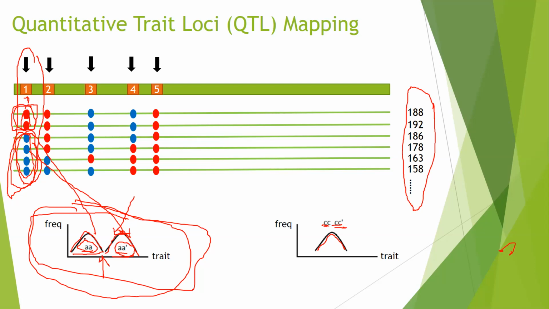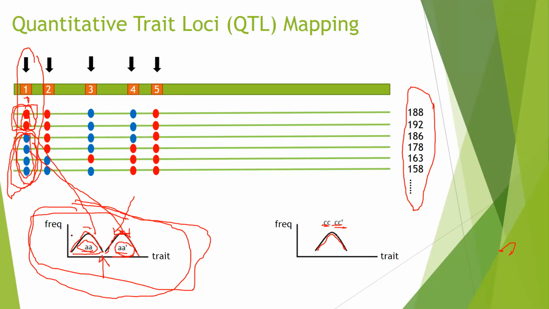Human heights. Based on the genotype of this marker, we can separate the population or the sample into two subgroups with significantly different phenotypic values.